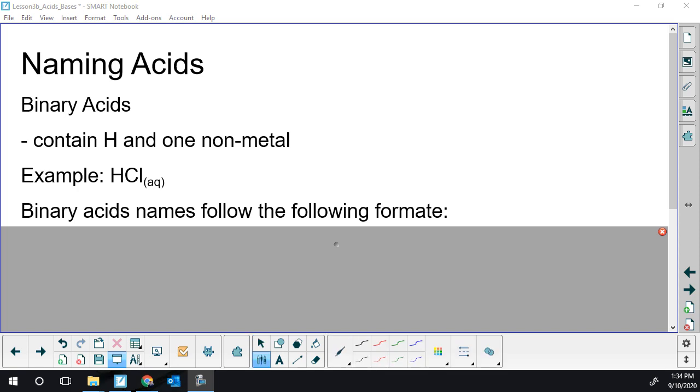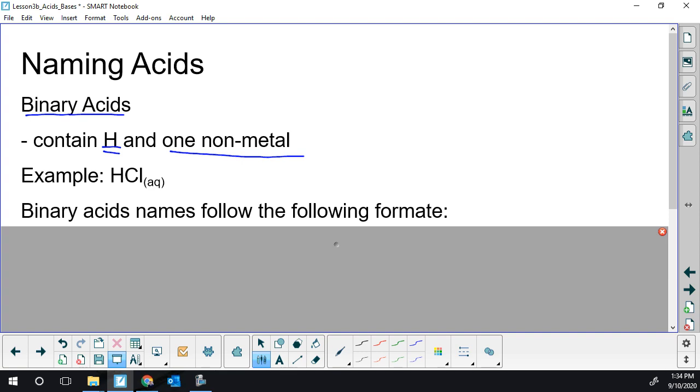So again, we're just naming binary acids. The first element has to be hydrogen. We need hydrogen or it would not be an acid because we have to get that H plus. So we're going to be seeing H and a non-metal. We're not going to see any metals here. An example, hydrochloric acid is one of the most commonly used acids.